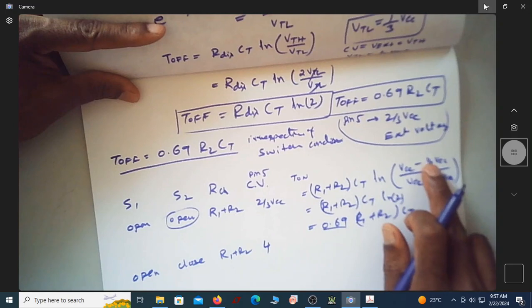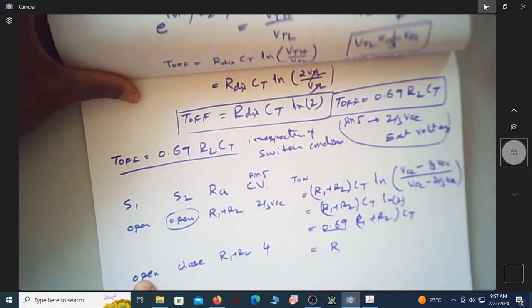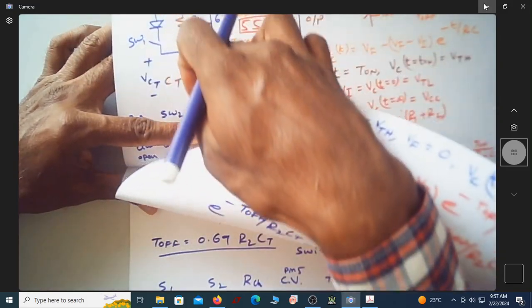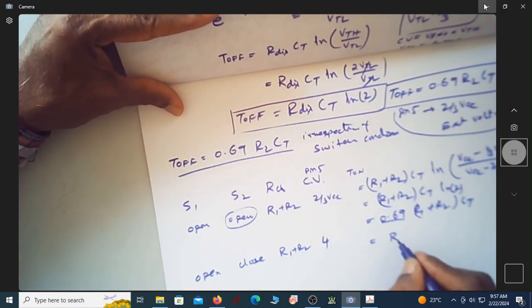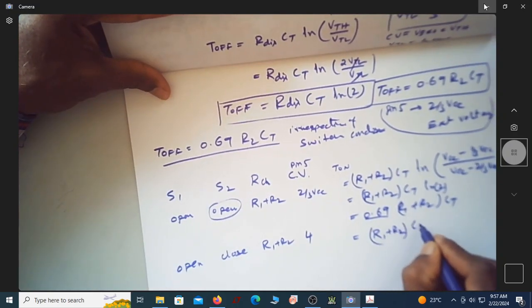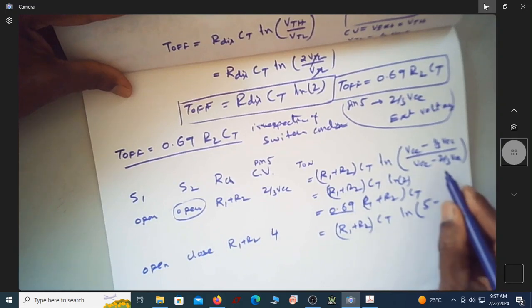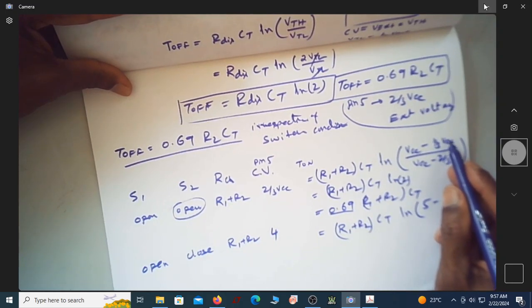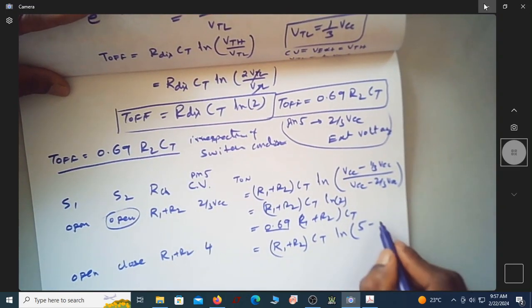Since this is closed, this is not 1/3 VCC. So what is the expression now? Since switch S1 is open, this is a charging path. The charging path is R1 plus R2. I will write it as R1 plus R2 CT ln of (5 minus VTL) over (5 minus 4)? Actually VTL is half of VTH, so that is 2.